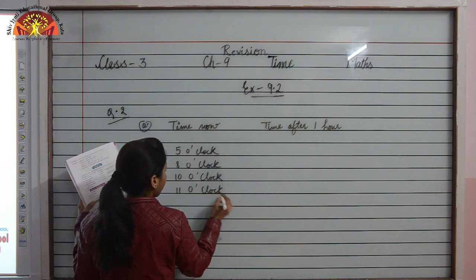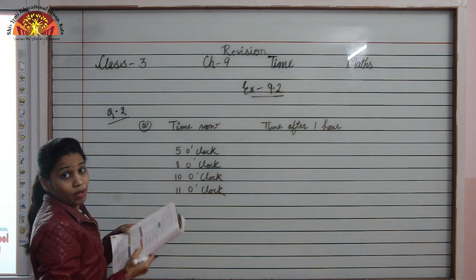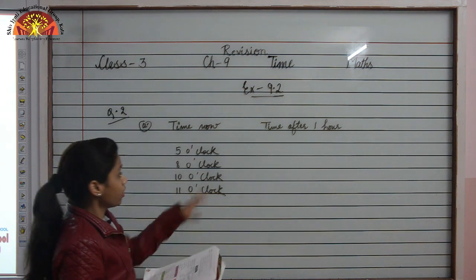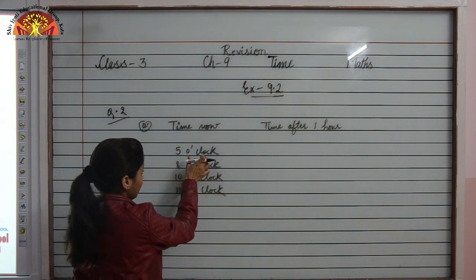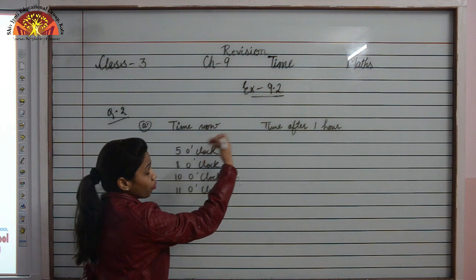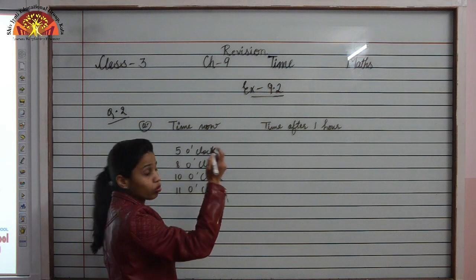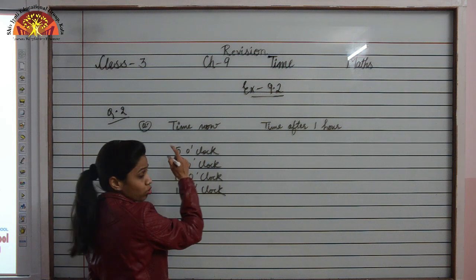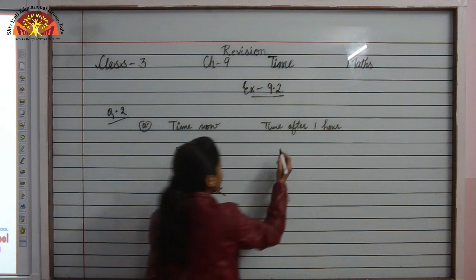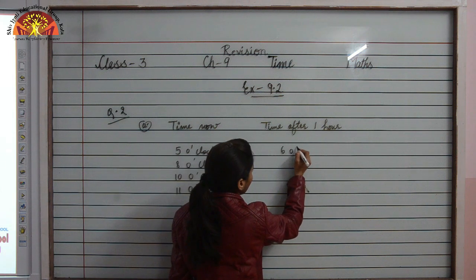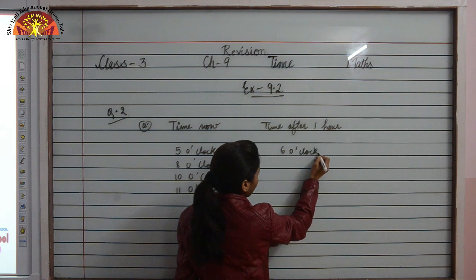So we are having the time now. This is the time now, means time at present. You have to write time after 1 hour. Suppose right now the time is 5 o'clock, after 1 hour means we have to add 1 to this given number. So 5 plus 1 will be 6, means after 1 hour it will be 6 o'clock. So I will write 6 o'clock in this column.